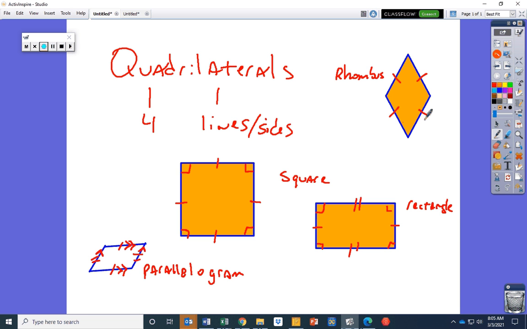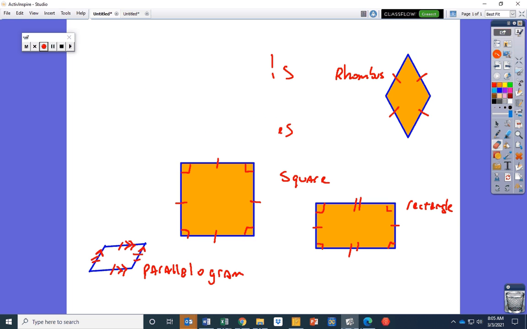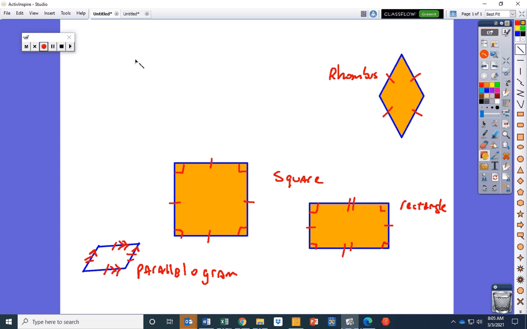Two more that we might see. I'm going to erase some of this stuff up here. All right, if I have something like this, do you see any parallel sides?